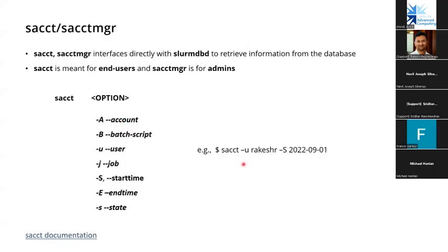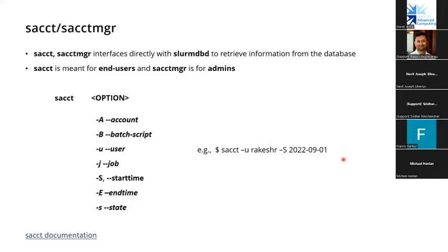In this case, for example, I want to know all the jobs that I ran since September 2022, like that's 1 year ago. So I can specify S account, my username, Rakesh, followed by the start date, and that will retrieve information about all the jobs that started during that time frame, from a particular start date to present.